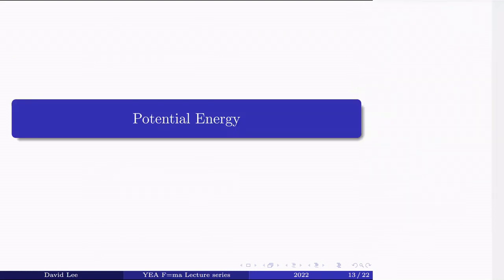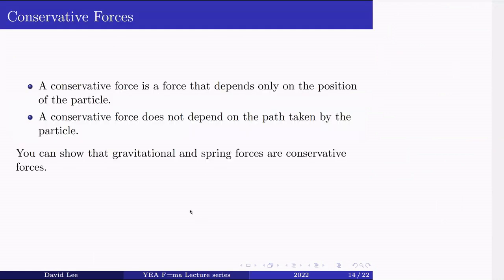All right, what is potential energy? Well, to talk about potential energy, we should first talk about what are known as conservative forces. So what are conservative forces? Well, they depend only on the position of the particle. That's an important property.